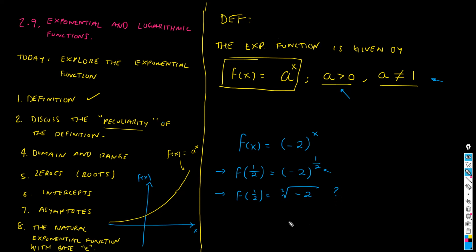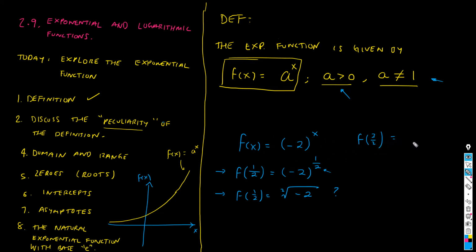No, right? So by trying to do this thing, by allowing a to be a negative number, we may run into this problem. And not only with 1/2, with any other. For example, let's suppose I want to evaluate in 3/2 this same function.